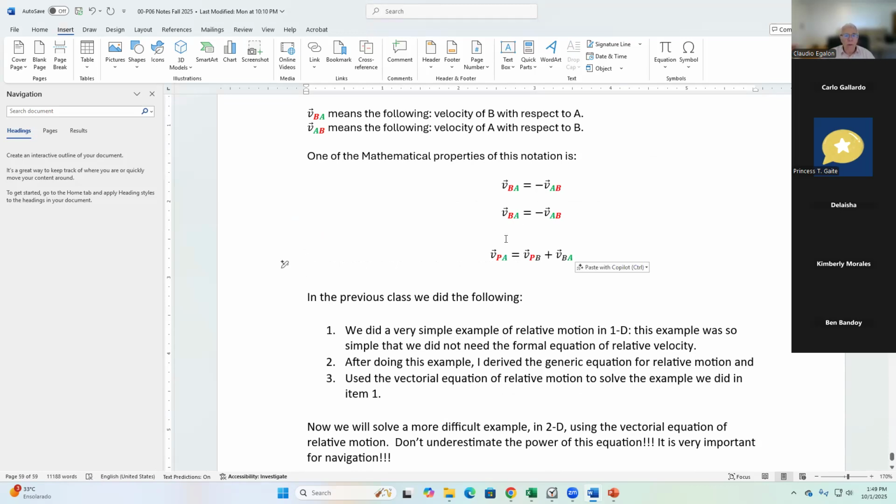Okay, so if you have the velocity of a point B with respect to a point A, you can find the velocity of this point B with respect to a referential A just by using that formula that's very easy to memorize, okay? Don't forget there's a plus sign here. And you will be able to solve this problem.